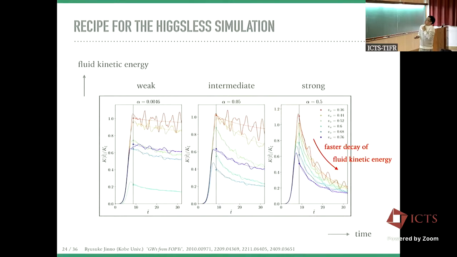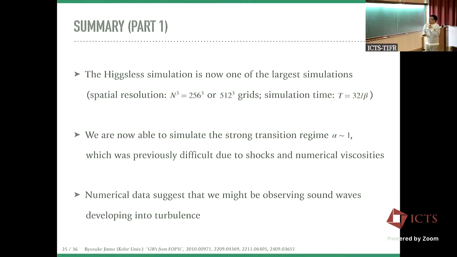In this simulation, we simulated up to alpha 0.5, and this is, I think, the largest value we simulated in the world. No, maybe second largest, I'm not sure, but this is one of the largest values of alpha simulated in the world. And we observed a fast decay of the fluid kinetic energy. If you're interested, please see our paper.